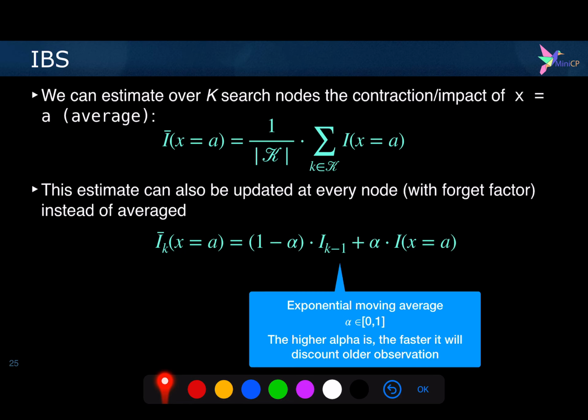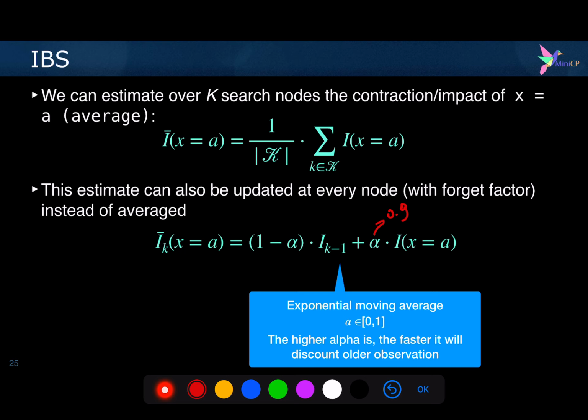And so it's nice to use this strategy to update the impact of the decision x equal to a. This is called exponential moving average. So we will weight more the recent decisions. This is the impact before, and this is the new impact that you measure with the latest decision. You take this updated value for the estimated impact, and alpha is typically a value like 0.9.